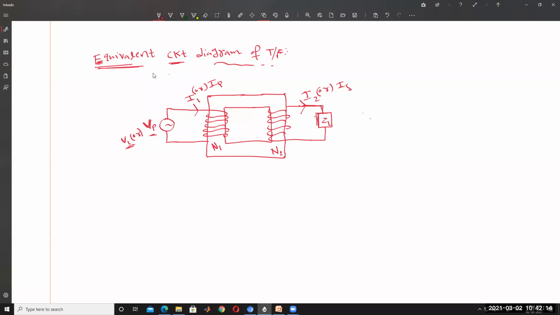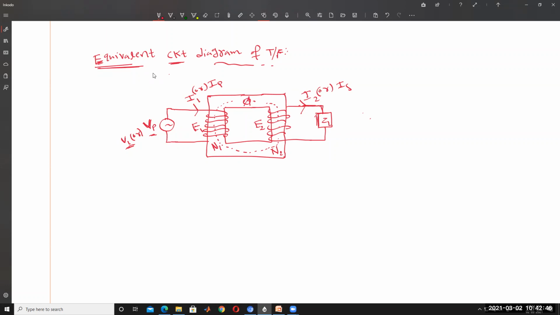Here the EMF induced in the primary winding is called E1, and the EMF induced in the secondary winding is called E2. The flux links the primary winding to the secondary winding of the transformer. This is called a flux.